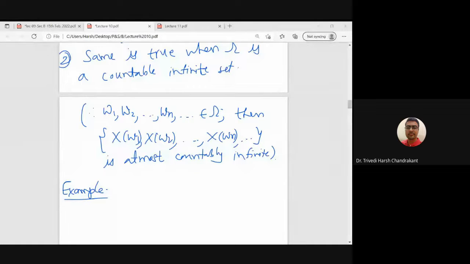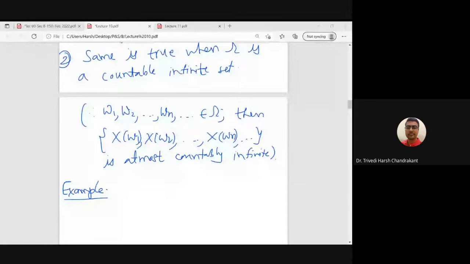If we toss a coin, there are only two outcomes. If we throw a die, only six outcomes are there. That is a finite set. So there the outcomes are finite, and any random variable we define on those sets is automatically a discrete random variable.